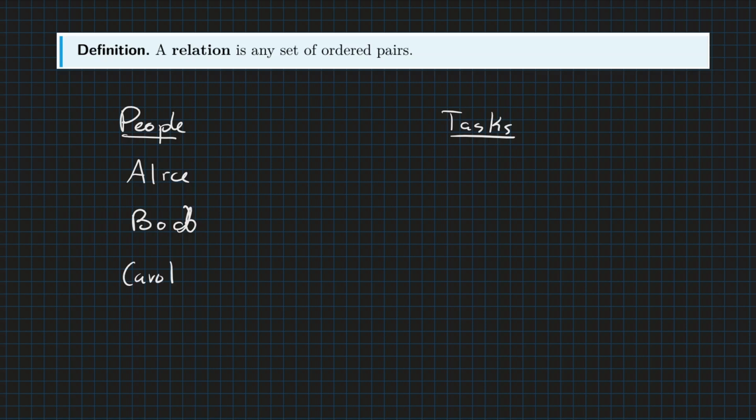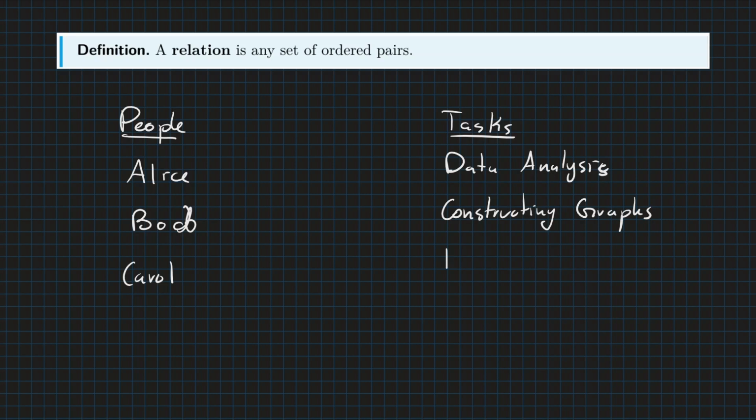And let's say we have several tasks. One could be doing data analysis. Another one could be constructing graphs. Another one could be making a presentation. And let's say there's another one which could actually be doing the presentation.